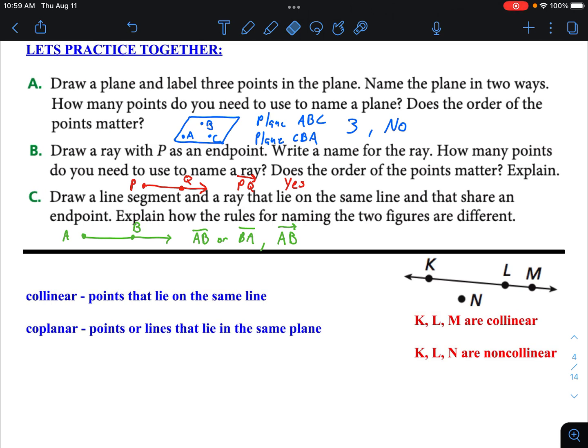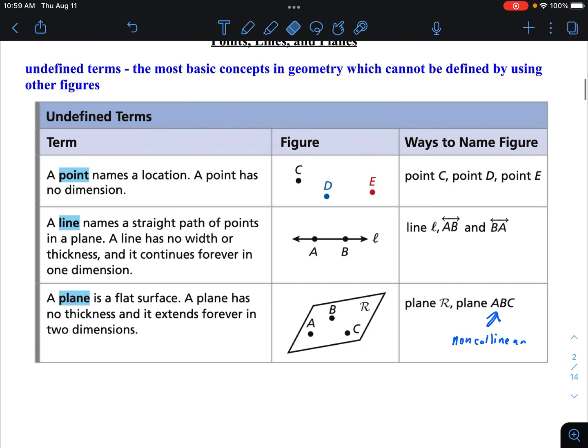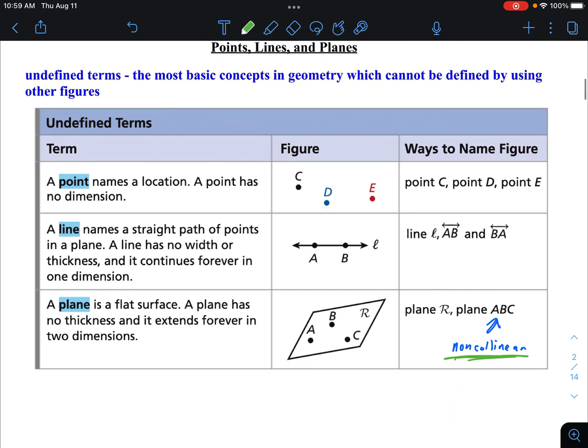And here's the reason why we want to name planes with 3 non-collinear points. I'm going back to this definition here where I said non-collinear. The reason we want them to be non-collinear is because if they are collinear, we could actually push several planes through, and it would be really hard for me to demonstrate that on this paper.